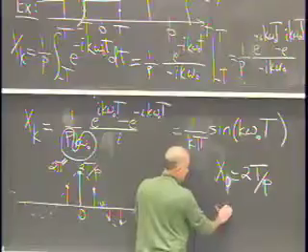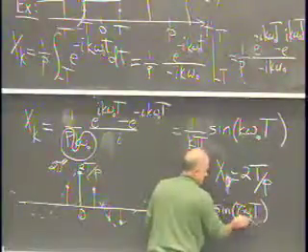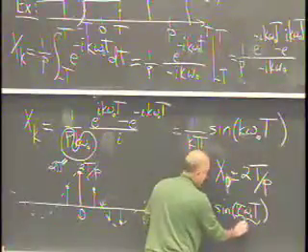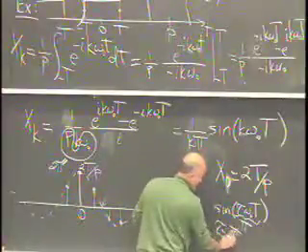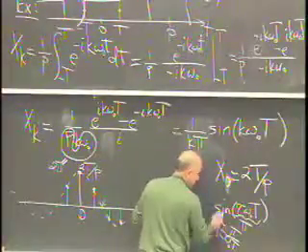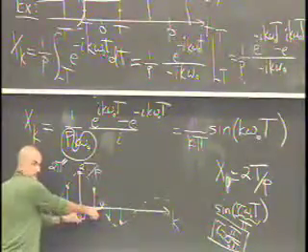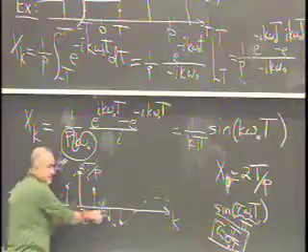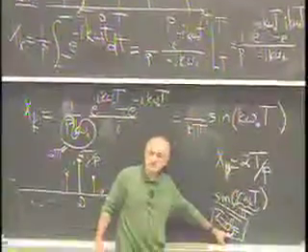It would be when sine of tau omega naught t is pi. So it's at pi over omega naught t. Okay? That's a measure of the width of this main lobe. It's inversely proportional to cap t.